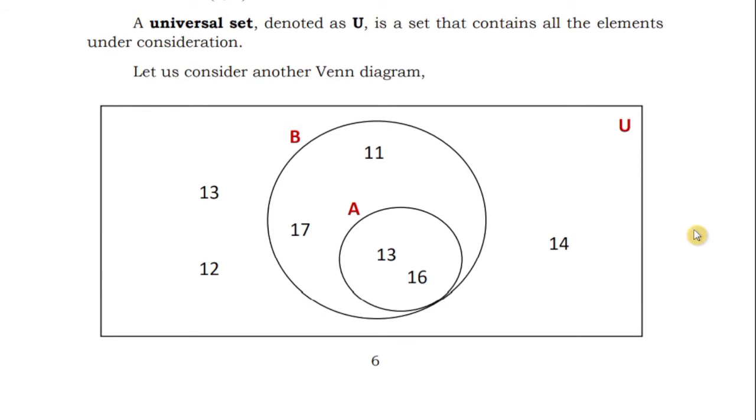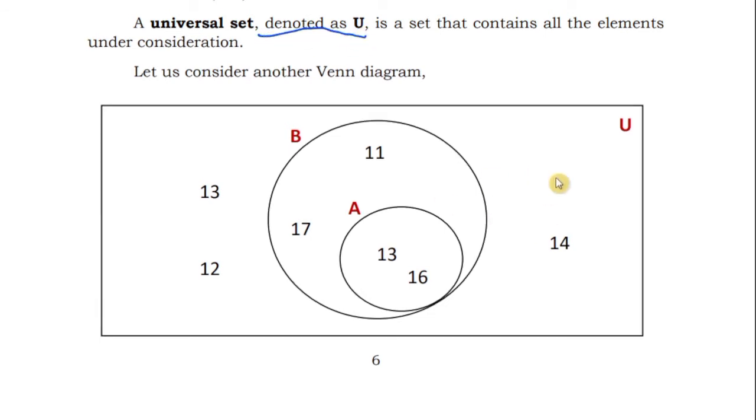So let's proceed to the next example that we have that deals with the universal set. The universal set is denoted by U, or some other letter in other books.